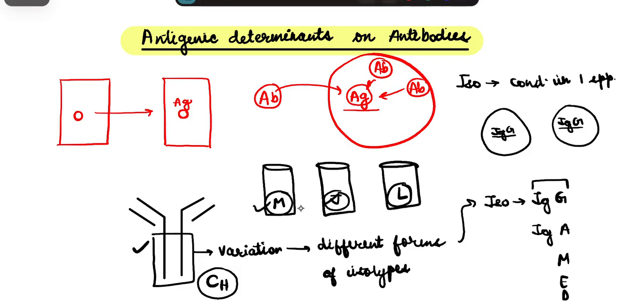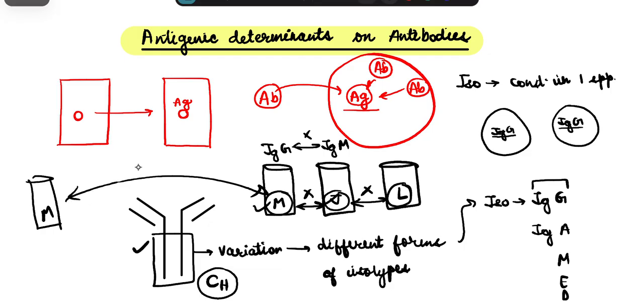This milk and this juice are not the isotypes of each other. Similarly, this juice and this lemonade cannot be the isotype of each other. Similarly, IgG and IgM cannot be the isotypes of each other. But if I take another kitchen where again I have one glass of milk, this milk and that milk are definitely the isotypes of each other. So that is what I'm trying to say.